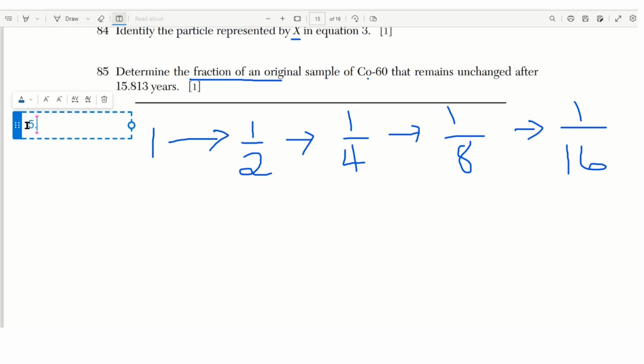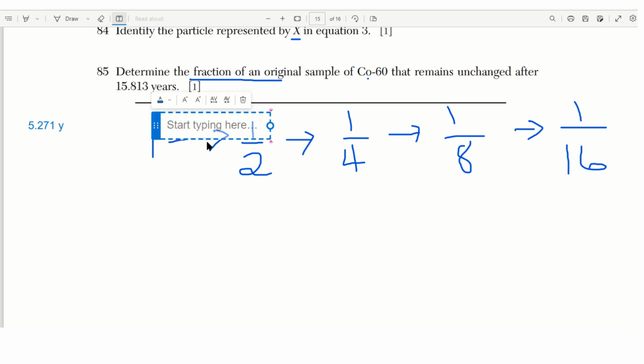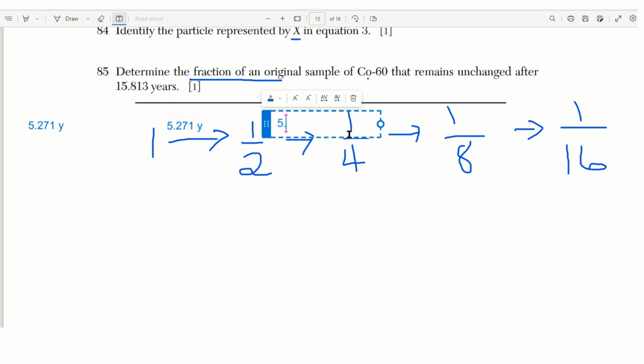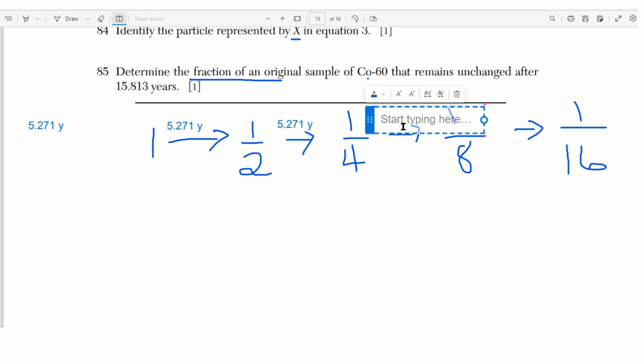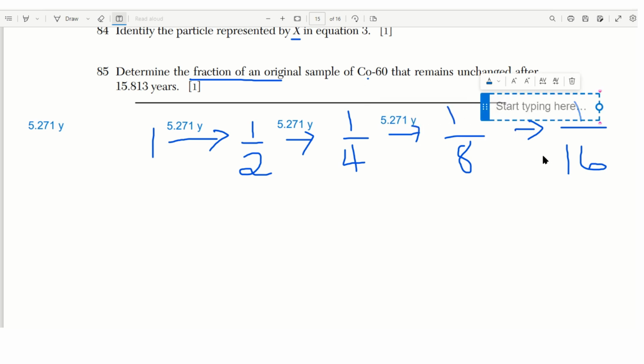Okay, so let's write this down. 5.271 years. So that means every half-life here is 5.271 years. And this one is 5.271 years. And this one is 5.271 years. And this one is 5.271 years.